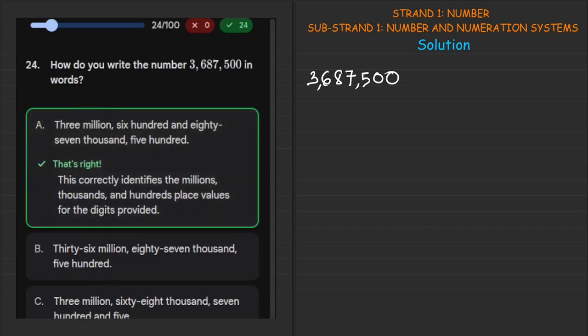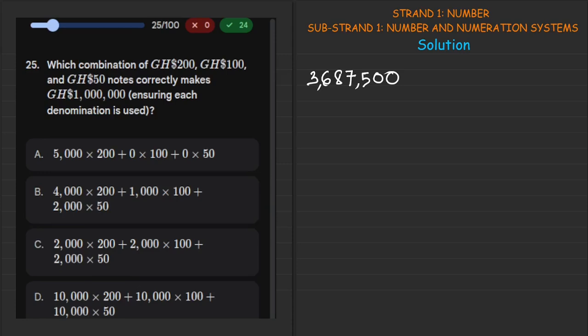The next question says, which combination of 200 cedis, 100 cedis, and then 50 cedis notes correctly makes 1,000,000 cedis? And make sure each denomination is used. So we are going to make sure each and every denomination is used.